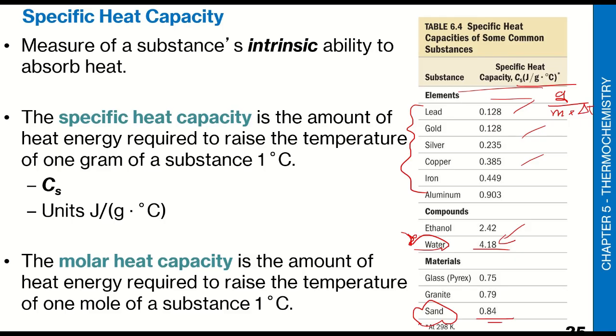So sand is 0.84, very low specific heat capacity compared to the water. This is why sand will get hotter faster, first. And it will also be the same at night. The temperature will be lower, so the sand will get colder faster than the water because of the specific heat capacity.